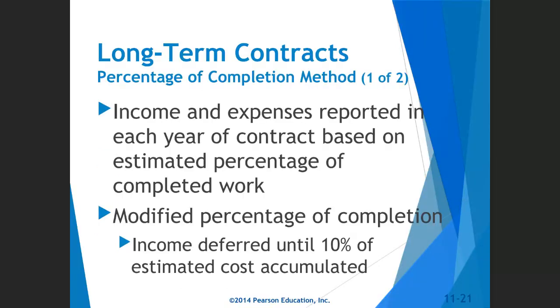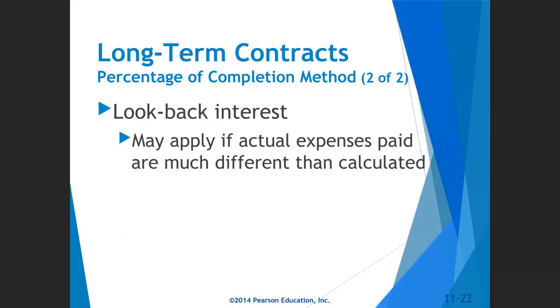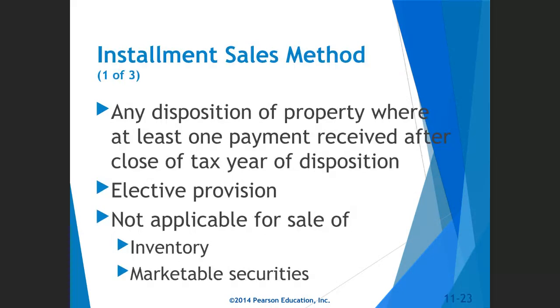So installment sales. In general, the gain or loss from the sale of property is reported in the year the property is sold. If the sales proceeds are collected in years after the sale, the taxpayer may find it difficult to pay the tax on the entire amount of the gain in the year of sale. To reduce the burden, the tax law permits taxpayers to spread the gain from installment sales over the collection period.